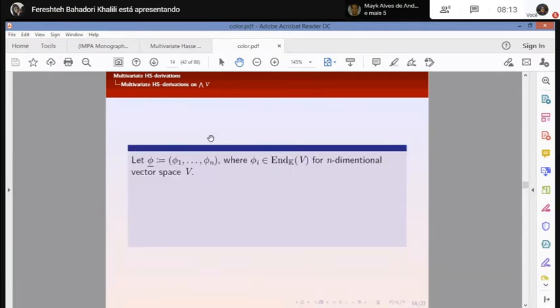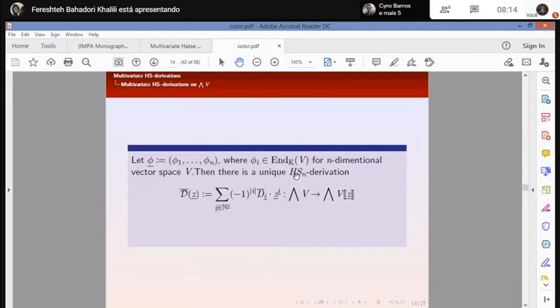Okay, so from now on we consider underline V to be a tuple of endomorphisms of V, and then we consider a unique Hasse-Schmidt derivation V bar such that if we restrict V bar to V, we get this. Like here in the proposition, our F is just a finite number of sums.